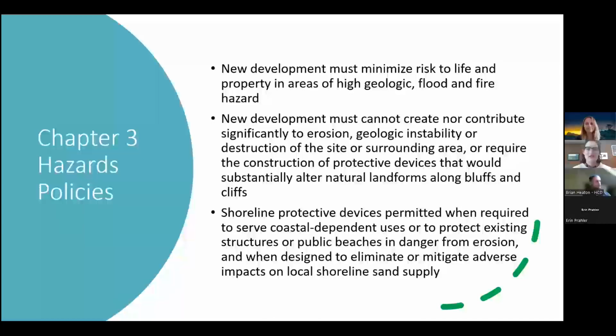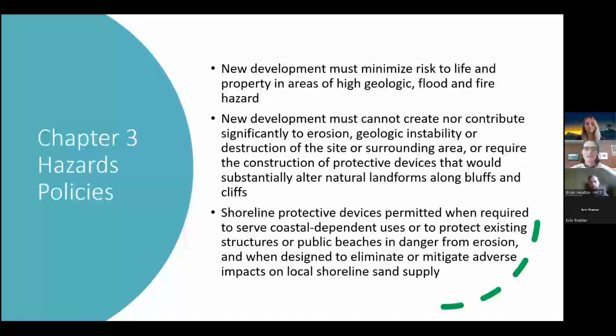Chapter 3 of the Coastal Act also includes hazards policies that require, among other things, that new development has to be sited and designed to minimize risk to life and property in areas of high geologic flood and fire hazard. New development also cannot create or contribute significantly to erosion, geologic instability, or destruction of the site or surrounding area, or require the construction of protective devices that would substantially alter natural landforms along the bluffs and cliffs.